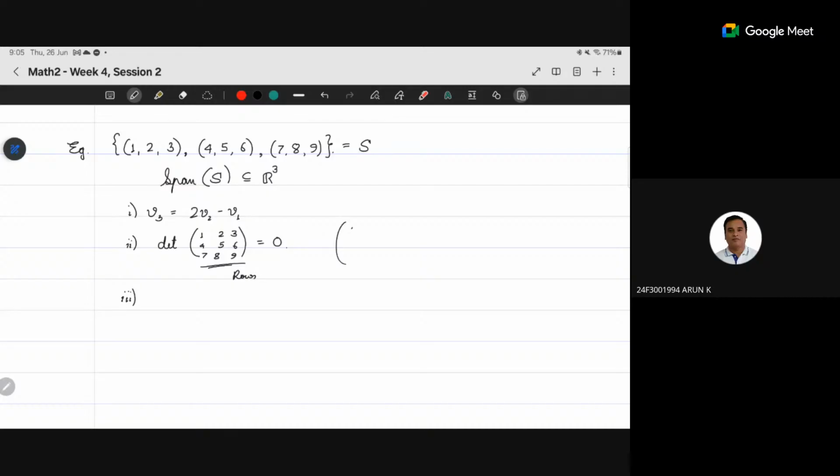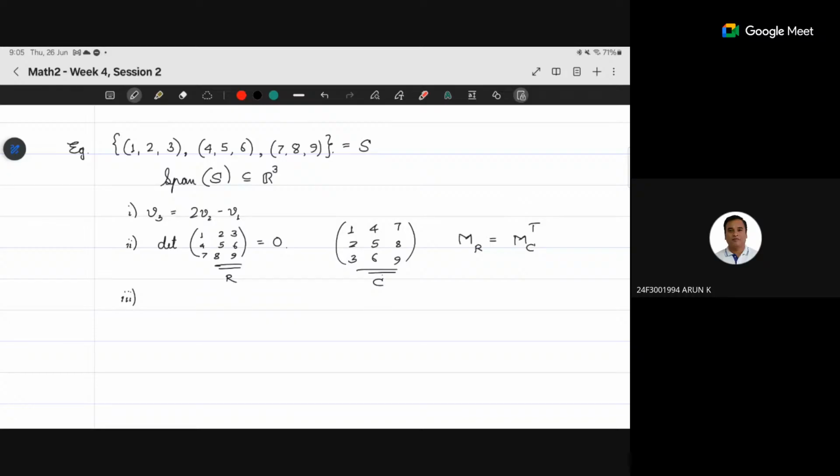So what if I put as columns? 1, 2, 3, 4, 5, 6, 7, 8, 9. This matrix is just the transpose of this matrix. Right? This is R, this is C. So let me call this MR, it is just MC transpose. And determinant does not change when you take the transpose.